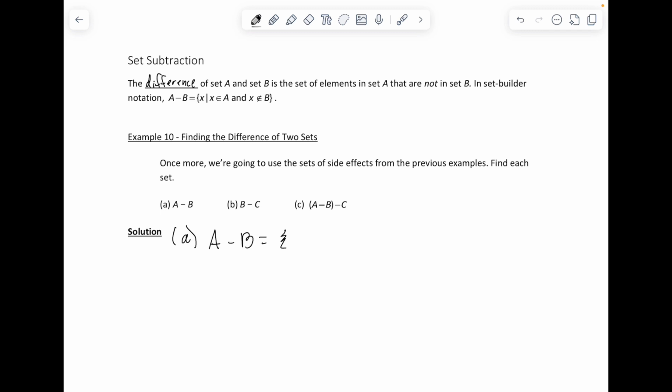But if you do that, you'll see that the elements that are in A but not in B would be night sweats, dry mouth, swollen feet.